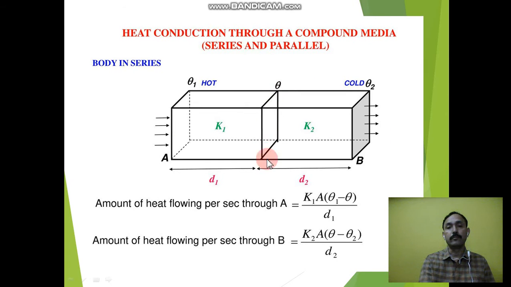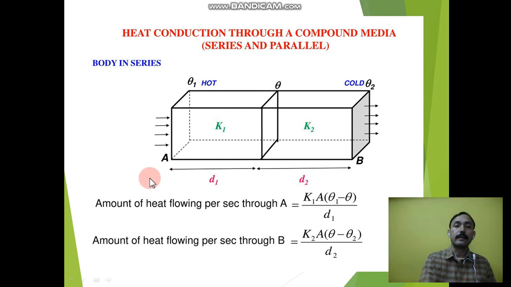At the juncture it is maintaining a temperature of theta. This is a common temperature. Now body A has length d1 and body B has length d2.